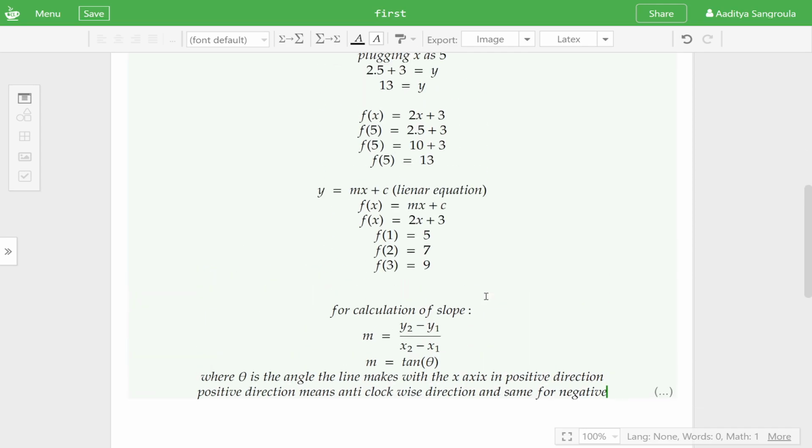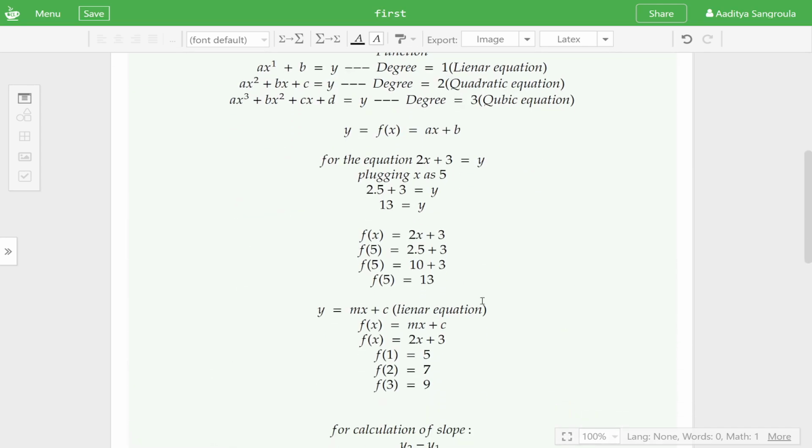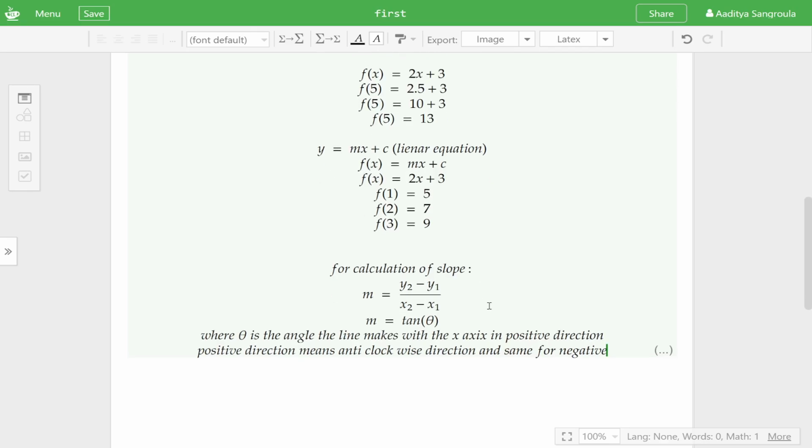For the negative direction it means clockwise direction, right? So simple concept over here. These are just some basic ways of calculation of slopes.